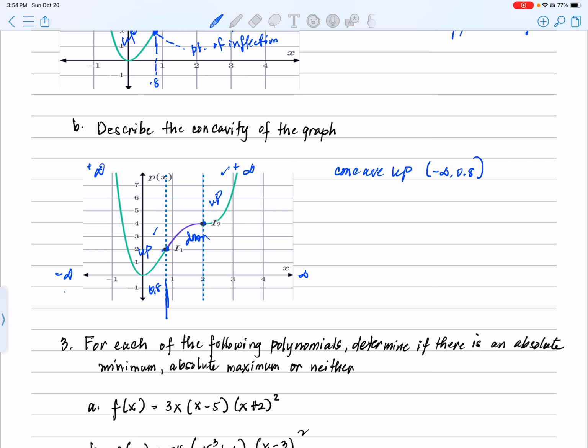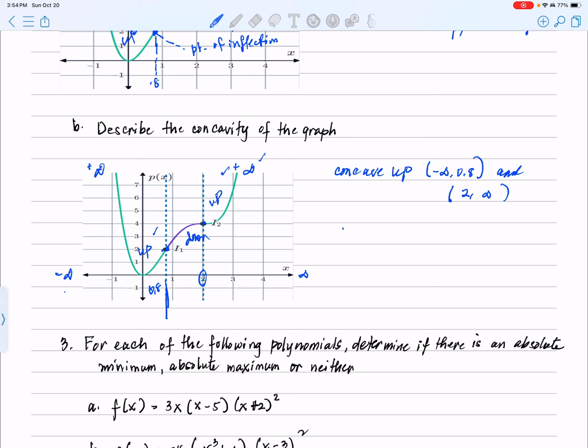And another concave up when it is at 2, and going up it's positive infinity. Okay, going up here.